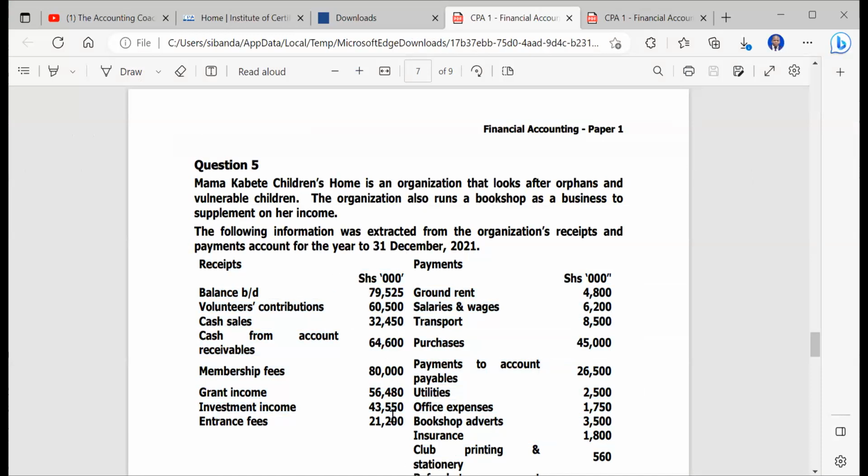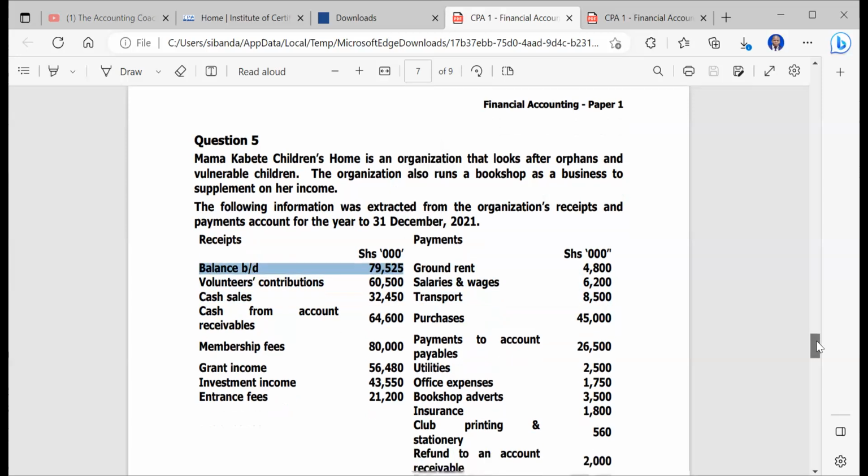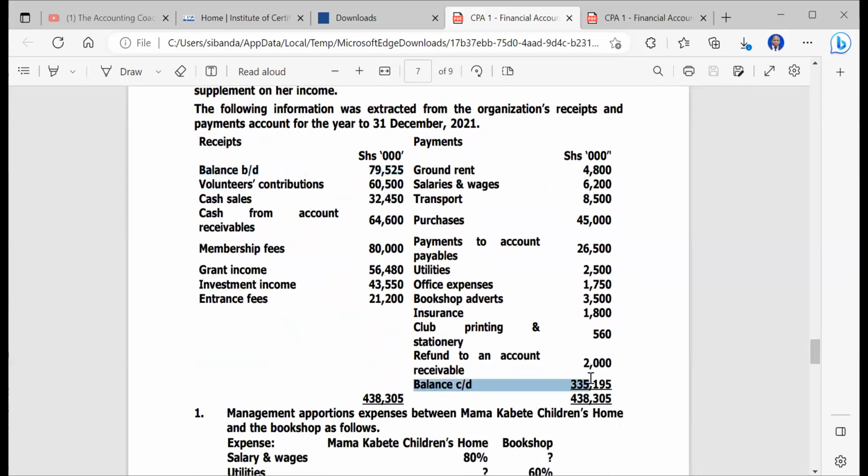It also has a balance brought down, which is usually the money in your bank account, and it could also include cash, maybe you deal in cash and don't have a bank account. So it has a balance brought down, what you're starting with, and a balance carried down, what you've remained with.